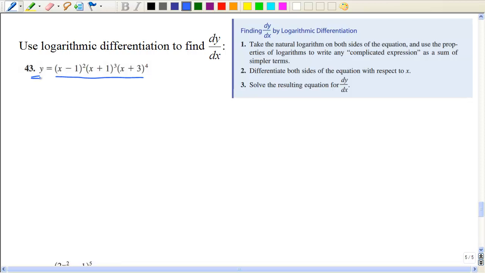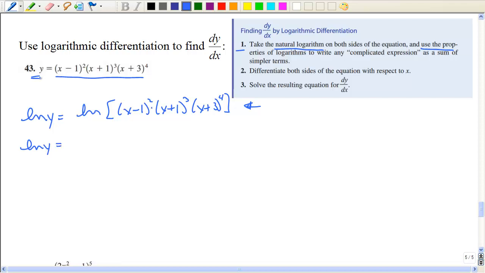So what we're going to do is, first of all, take the natural log of both sides. Right? And now we're going to use those properties of logarithms to rewrite this right-hand side.